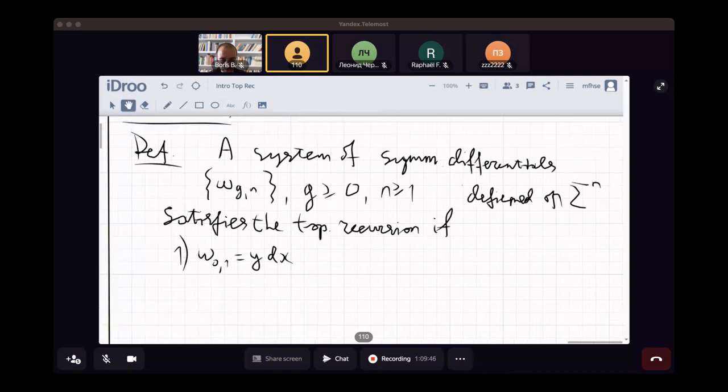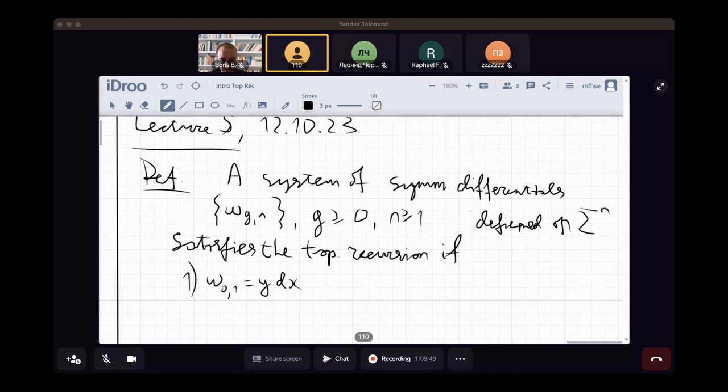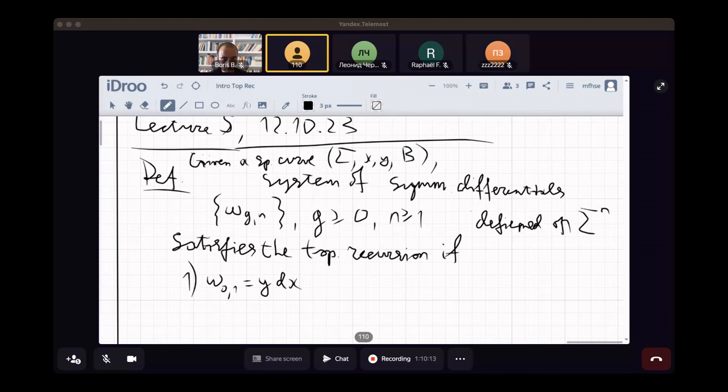Let me start with saying that given a spectral curve sigma, x, y, B, B is what will be our omega 0, 2. Then we say that this system satisfies the topological recursion if the unstable cases are what we expect them to be. Omega 0, 1 is y dx, omega 0, 2 is B.